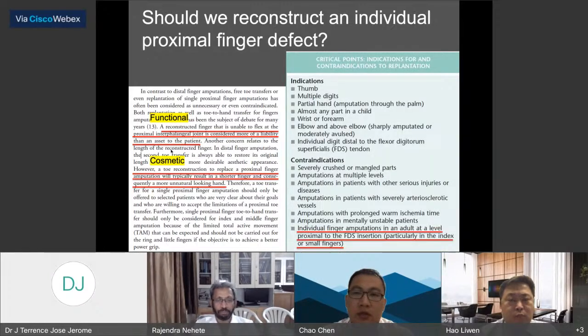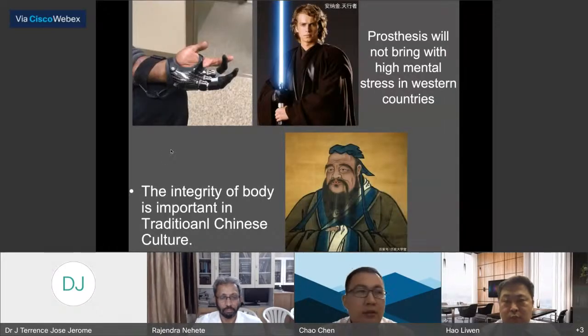So, and in Green's anatomy, even for replantation, this is a contraindication. But I think there is a great cultural difference between China and the Western countries.